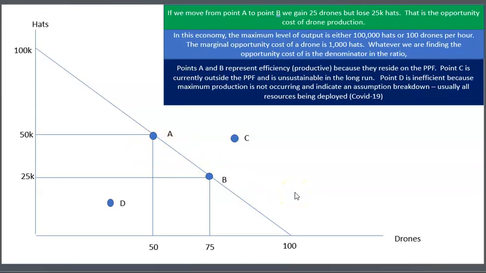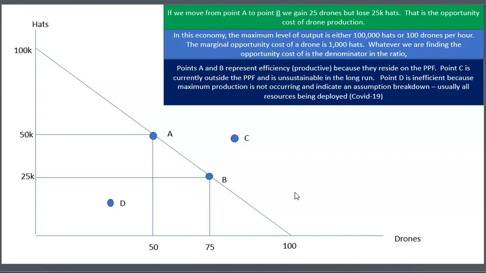How would this be useful? Well, if we can find a trade partner that has a lower opportunity cost than we do in that, then we could produce drones and then trade those drones to them for hats that they're able to produce more efficiently, and then both parties will be made better off through that process.